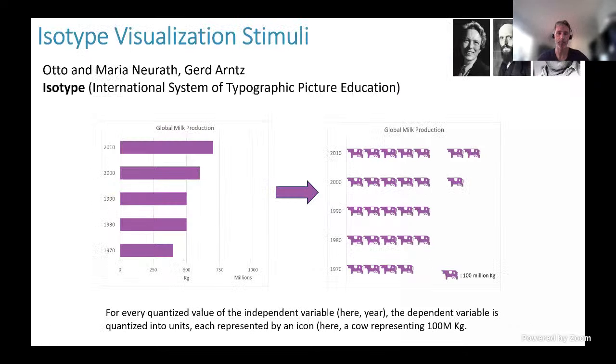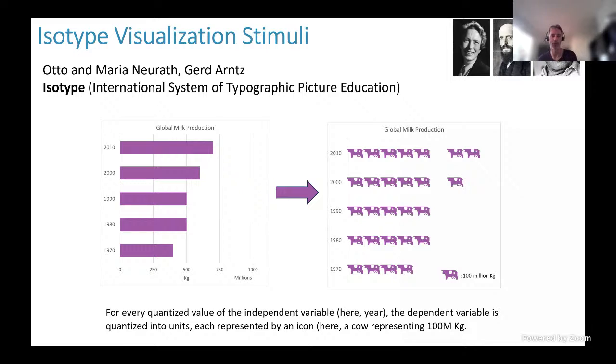How we designed this experiment was a bit difficult, because we had to find a way to maximize the chance of memorization, and that fits well with the memory palace paradigm. For that, we used a very specific type of visualization, the isotype, or International System of Typographic Picture Education, which was introduced by Otto and Maria Neurath and the designer Gerd Arntz. For those not familiar with it, isotype is a way of encoding values with icons.